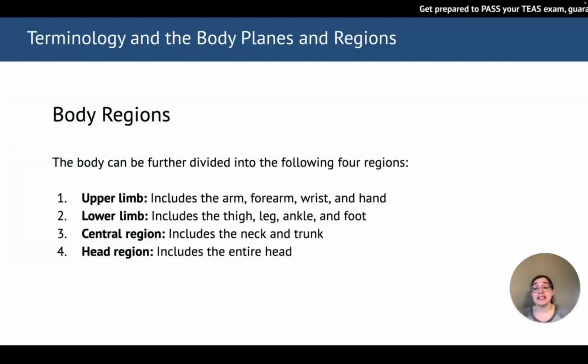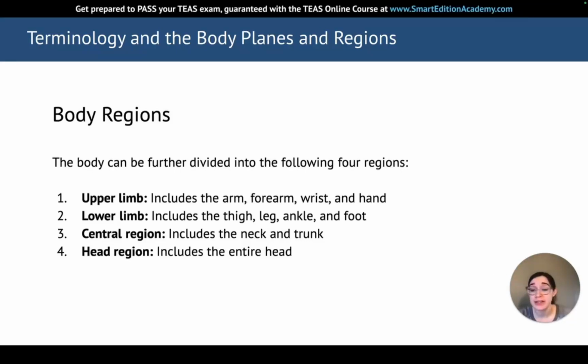Now, the last topic of this section is body regions. We can further divide the body into the following four regions. We can talk about the upper limbs, which include the arm, the forearm, the wrist, and the hand. We can talk about the lower limbs, which include the thighs, the legs, the ankles, and the feet.